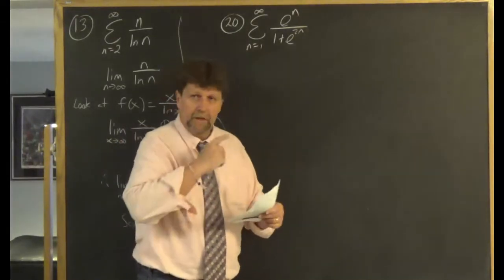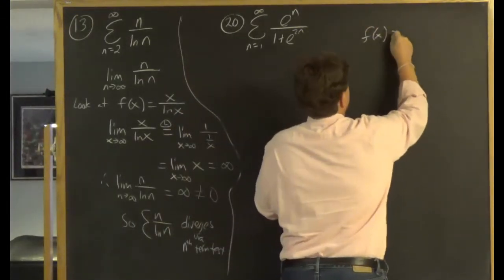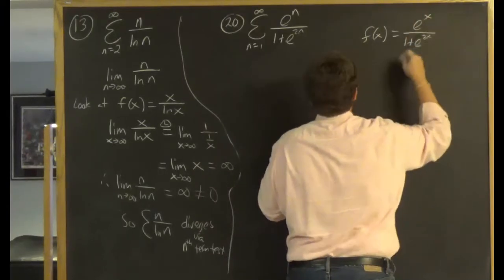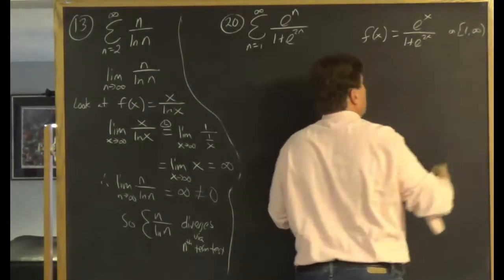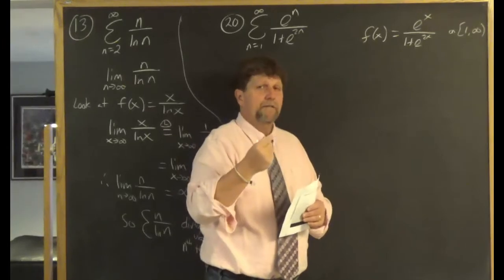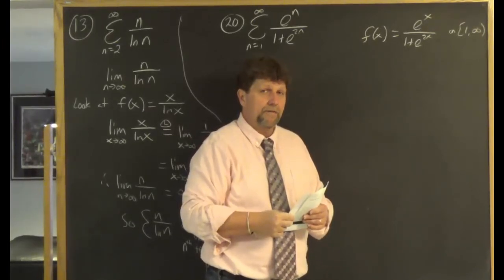So I'm going to come over here to the side and say, what about this function on the interval 1 to infinity? It's positive on the interval 1 to infinity, and it's continuous on the interval 1 to infinity.